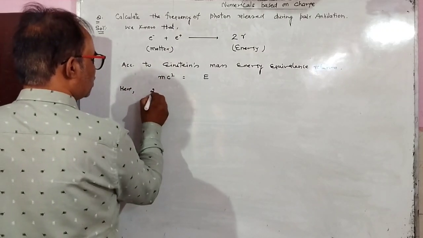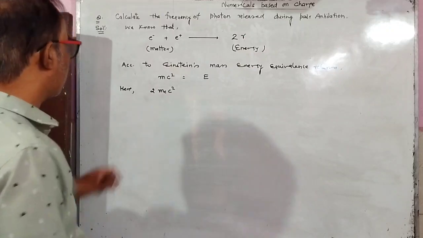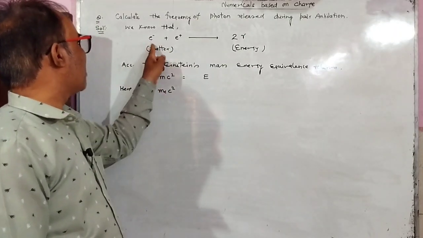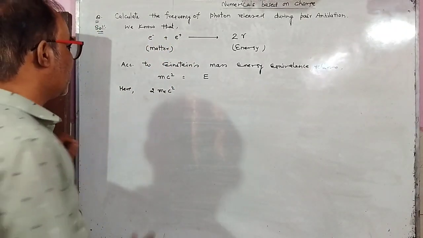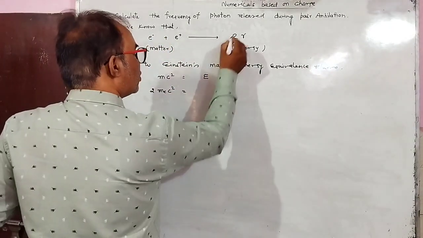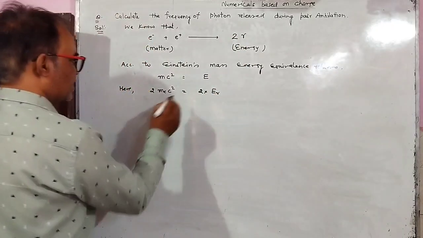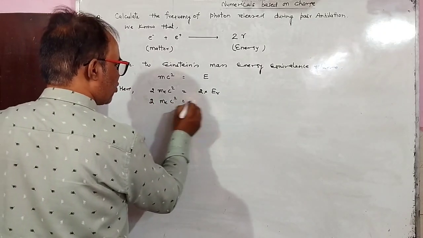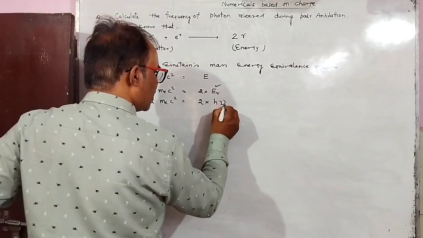We shall use 2 mec square. Why 2 mec square? There are 2 particles, therefore 2 me, mass of electron or positron, into c square equal to 2 into E gamma. This can further be written as 2 mec square equal to 2 into, this is given by h nu as per quantum physics.